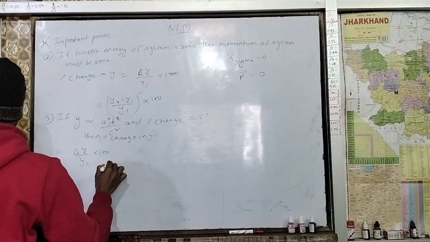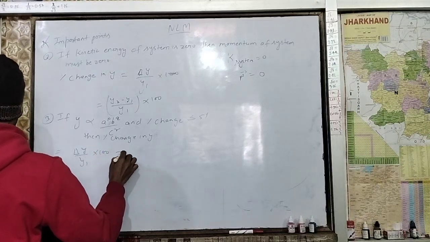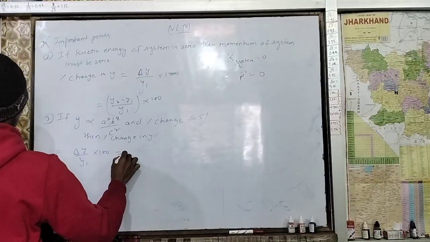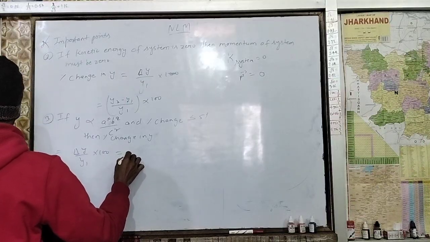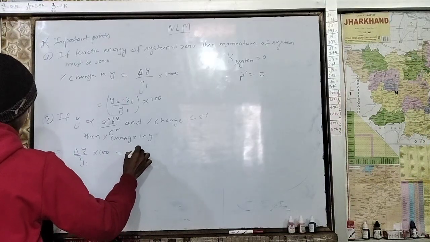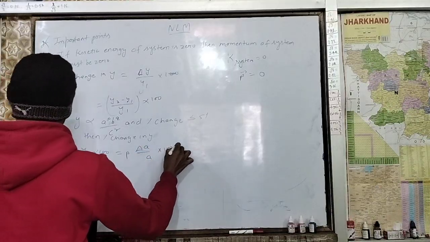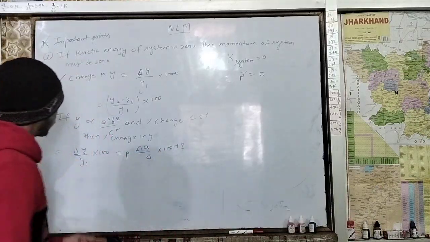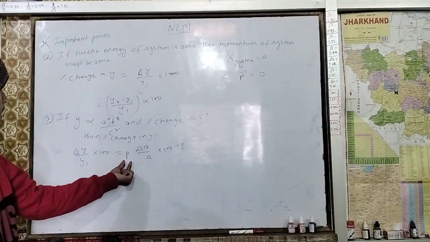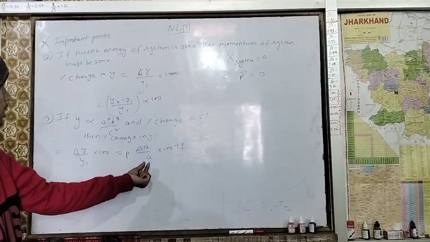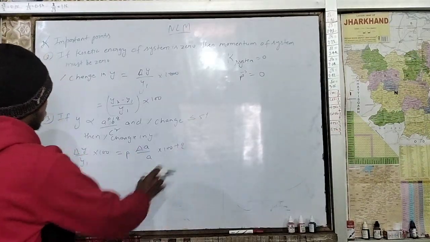Here we write p times delta a upon a multiplied by 100, plus q times delta b upon b multiplied by 100.